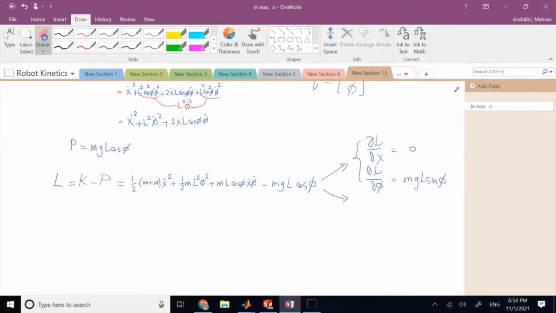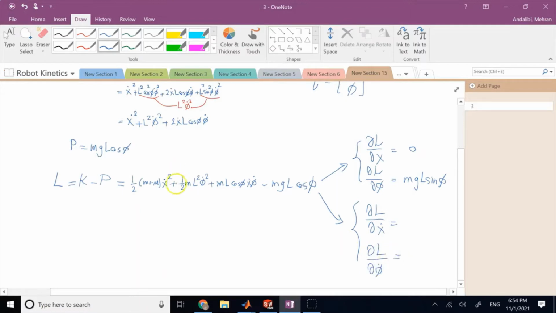And then I also need to calculate the partial derivatives with respect to the dot terms. Again, two terms here. First one is partial with respect to x dot, and the second one is partial with respect to phi dot. With respect to x dot, the only x dot term I have is here and also here.